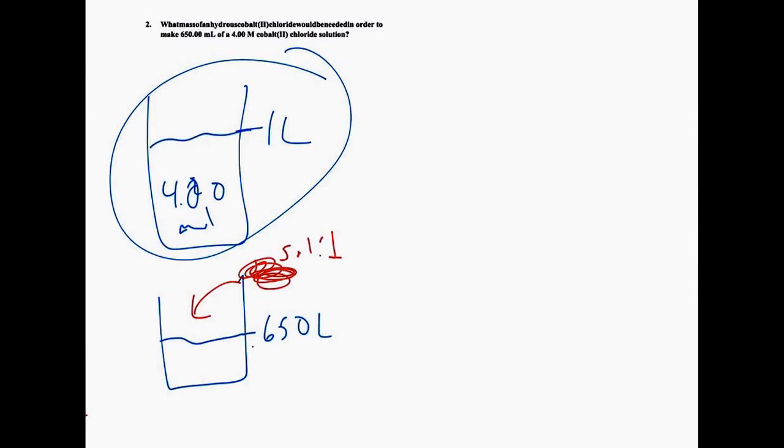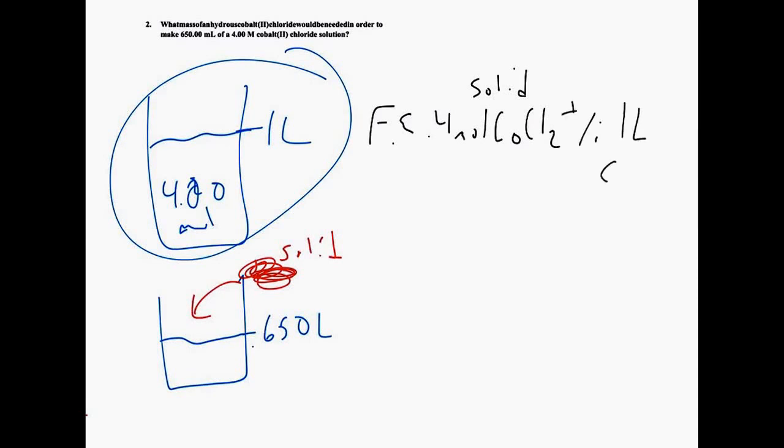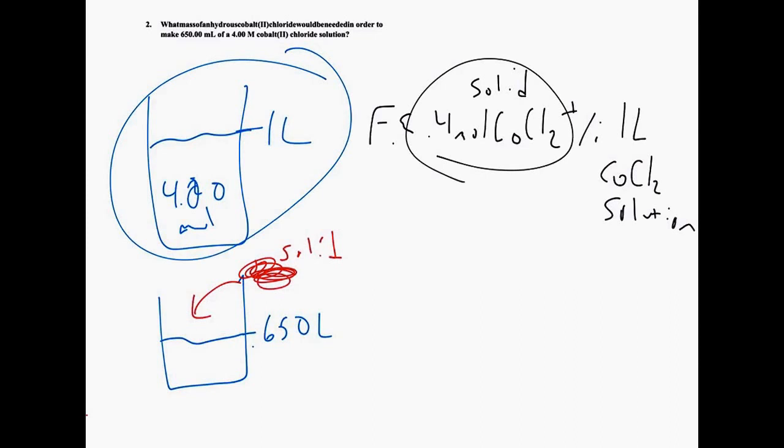Okay, so let's write our forever statement. We know that for every 4 moles of solid COCl2, there is 1 liter of COCl2 solution. And we don't want to make a liter. If we wanted to make a liter, we'd add 4 moles of this stuff, but we don't.